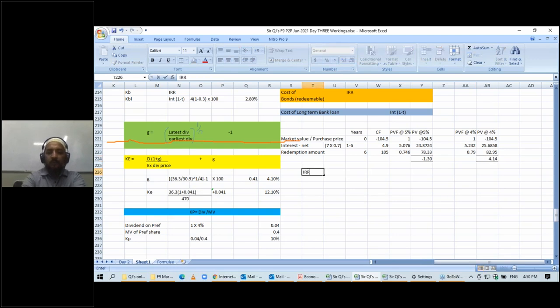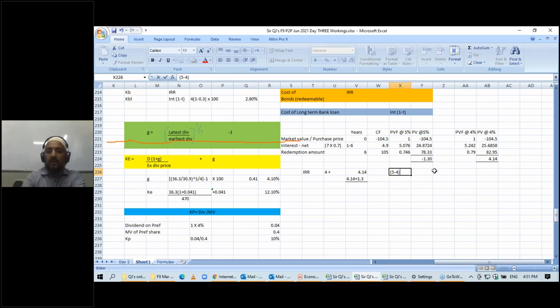Now, putting it into the IRR formula, the lower rate is 4% plus the NPV at the lower rate, which is 4.14, divided by the NPV at the lower rate 4.14 plus, minus minus becomes plus, 1.3, and then multiplied by 5 minus 4.